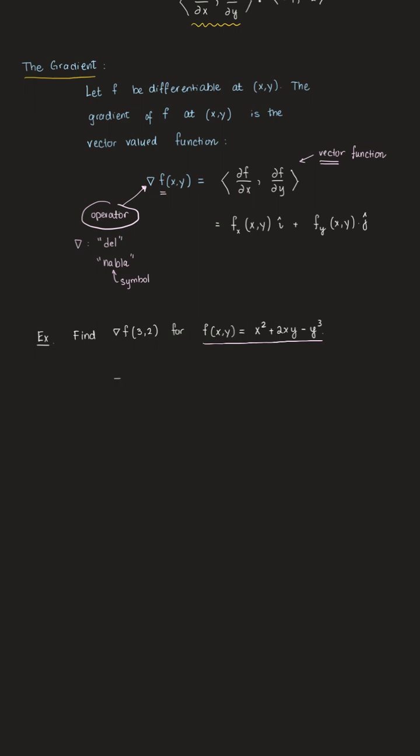So our gradient, del f of (3, 2), or nabla f of (3, 2), will be the partial derivative of f with respect to x at that point, so at (3, 2), that's the first component. The second component will be the partial derivative of f with respect to y at the point (3, 2). So let's find our partial derivatives.